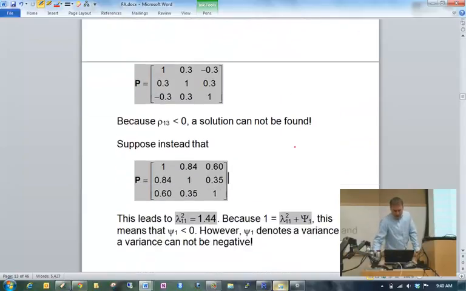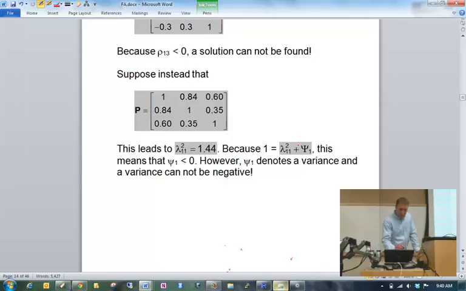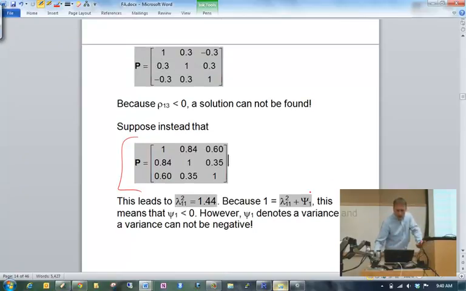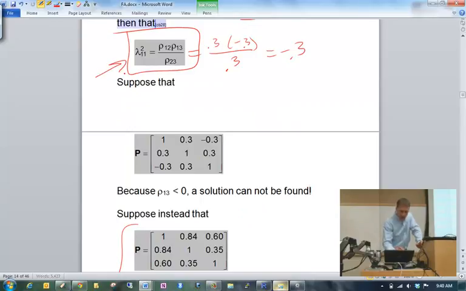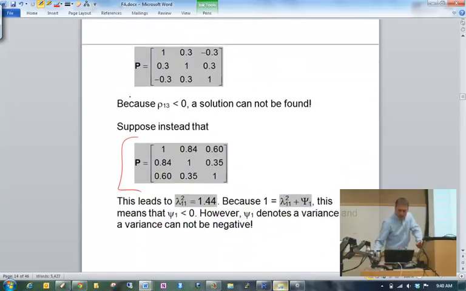Here's another example. Suppose this was my correlation matrix, and this is obviously still a possible correlation matrix that one could have. Set this equal to what your model shows as your correlation matrix. And using this equation that we saw here, you can show that lambda 1 squared is equal to 1.44.